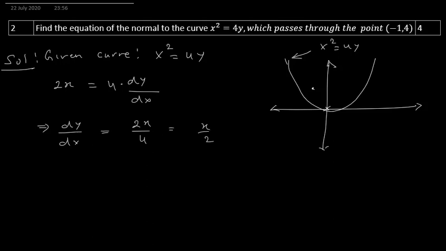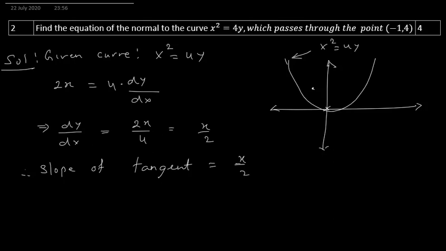This is the slope of tangent. Therefore I will say that the slope of tangent is equal to x upon 2.